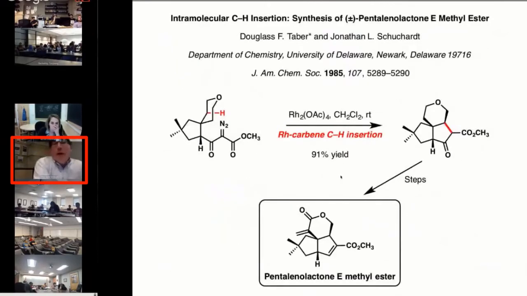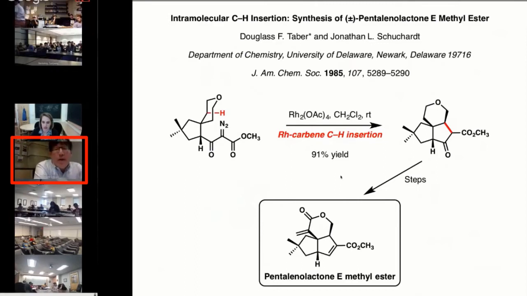This is a key step in a rather early synthesis by Doug Taber's lab at the University of Delaware, showing quite clearly this ability to convert CH bonds directly to CC bonds by insertions of metal-stabilized carbenes into unactivated CH bonds.